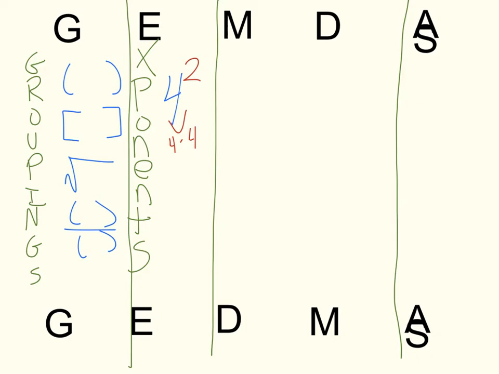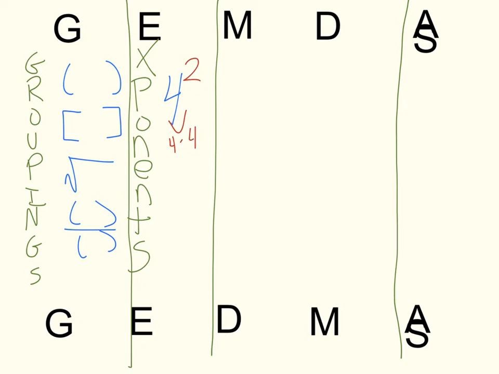Our third section is where it gets a little bit more complicated and why we have our two names that we follow, GEMDAS and GEDMAS. If you remember, they made a compromise that whichever operation between multiplication and division appears first, that is the operation we're going to do.